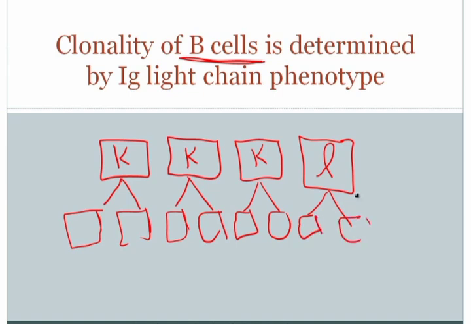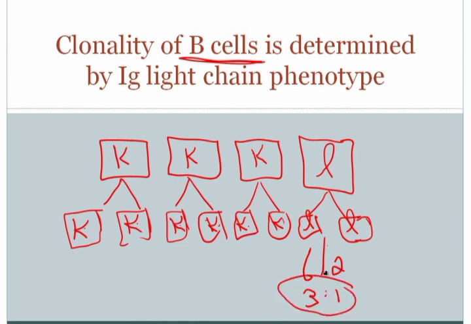And each of the additional cells is going to have the same light chain ratio of 3:1. And so, these 2 would be kappa, these 2 would be kappa, these 2 would be kappa, these would be lambda, and this would be lambda. And so the ratio here is 1, 2, 3, 4, 5, 6 to 2, which really is the same 3:1 ratio that we would expect to see in a normal lymph node.